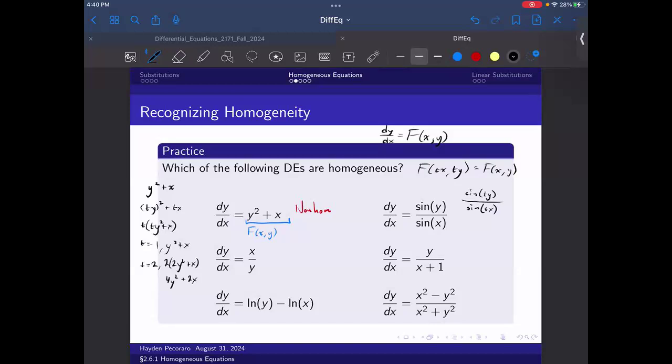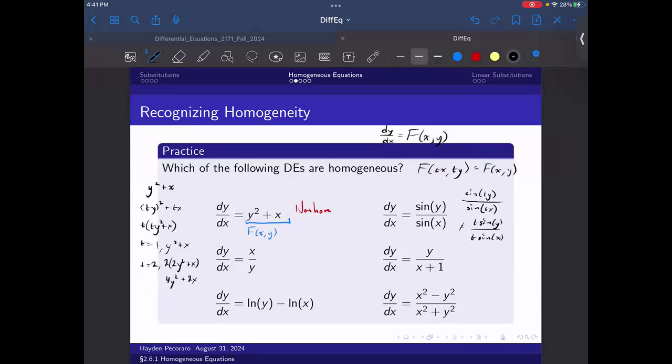So this is not equal to t sine of y over t sine of x, which would be great because then the t's would cancel.